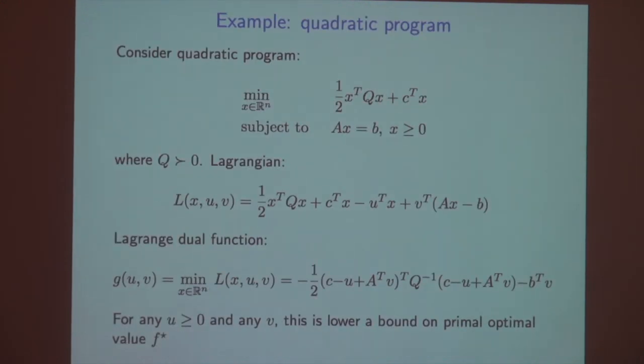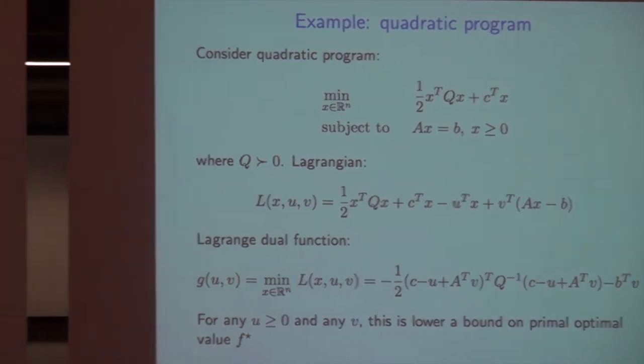Any questions about this example before we move on? Or about duality in general? Yeah? We didn't really solve the problem yet by forming the Lagrange dual function. We just transformed it into probably an easier problem. It's a very valid concern. At this point, I haven't told you the solution to this problem.